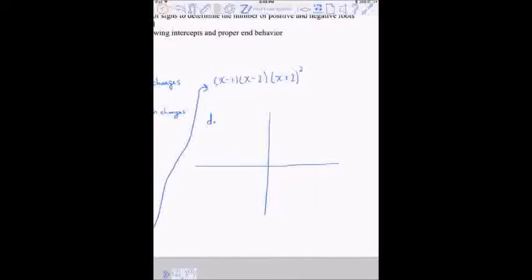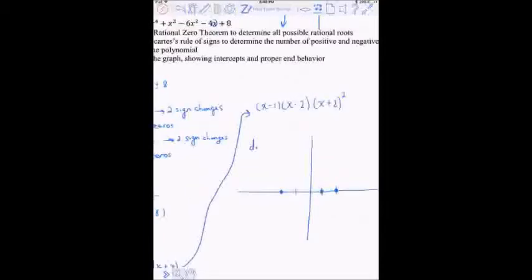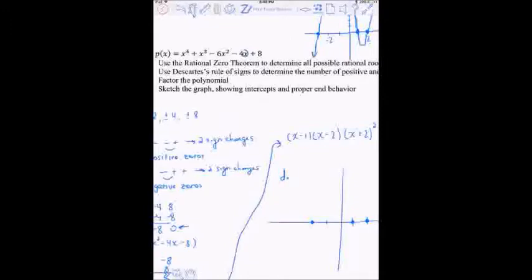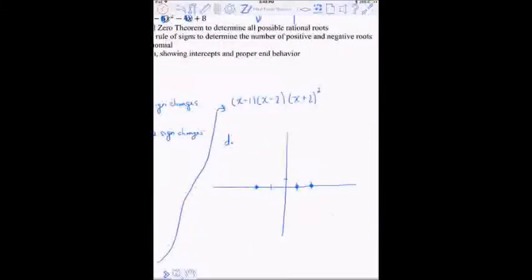So I've got a 0 at positive 1, at positive 2, and at negative 2. If I go back to the original polynomial and plug 0 for all the x's, then that leaves me positive 8 as my y-intercept. And since this is a 4th degree polynomial, the end behaviors are both going in the same direction.